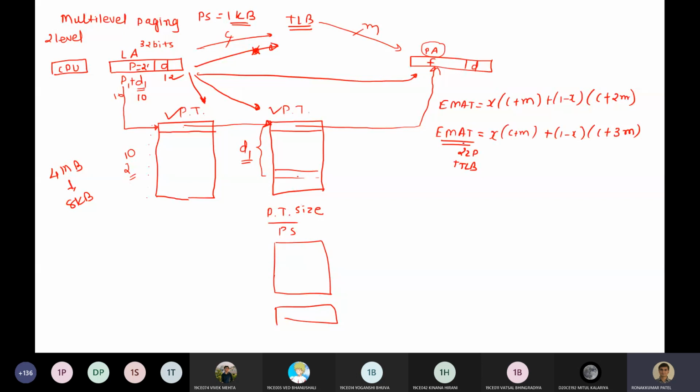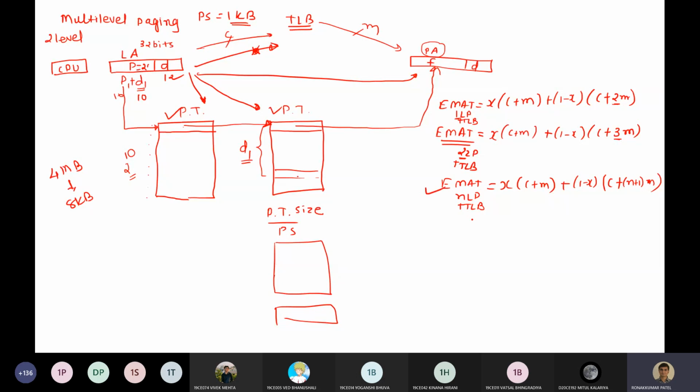So if I consider this as one level paging or only paging with TLB, and in general I need to write the effective memory access time for n level paging with TLB, what can I write? x will be as it is, and 1 minus x also stays. In the hit case we already know it is C plus M. In the miss case C is there once, and only the number is varying. See the relation between these numbers: it is n plus 1 M.